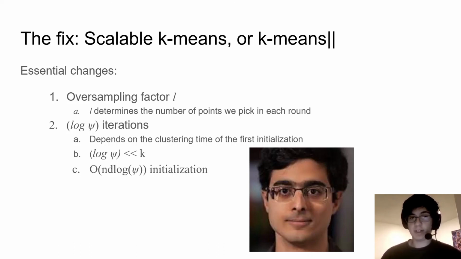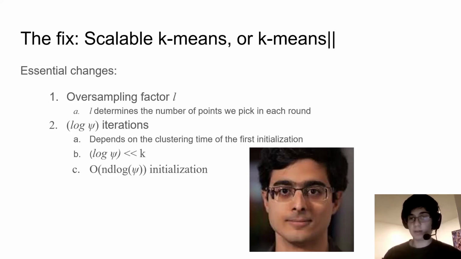The second important factor was that we only perform log psi iterations. What psi is exactly is the cost of clustering the first point we pick. So the first step of k-means parallel is the same as k-means++, where you just pick one point uniformly at random. But calculating all the distances squared and the clustering together, that is what's stored into psi.